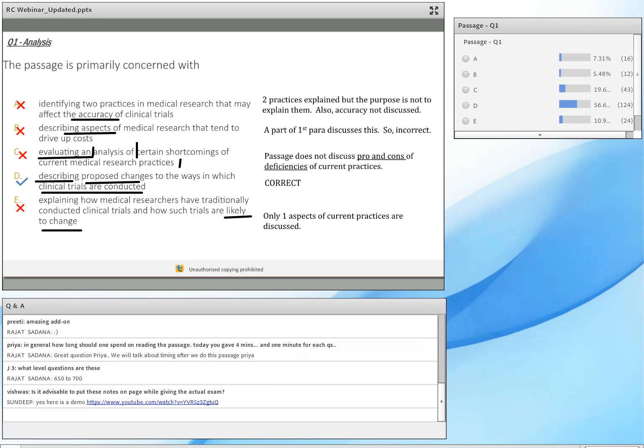So again, let me just go back. If you're asking whether FNC analyzes the shortcomings of current medical practices and the author is evaluating their analysis: no, the author is not saying the pros and cons of FNC. Is the author really saying this is where FNC is correct, this is where FNC is incorrect?